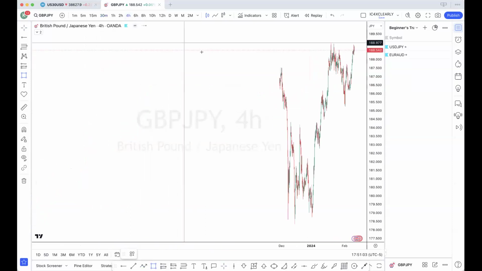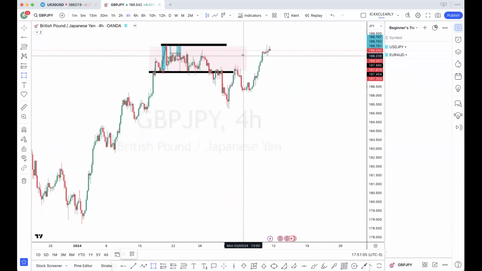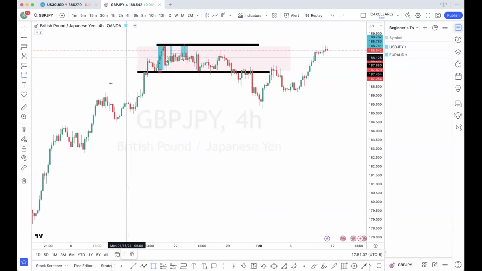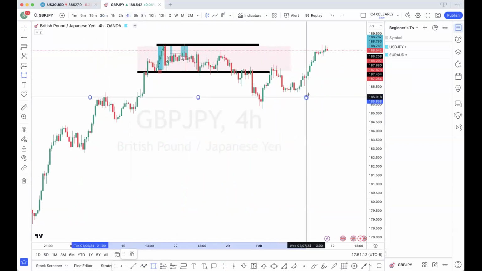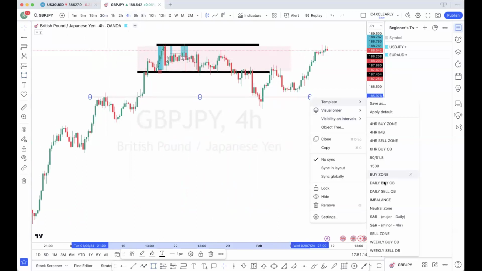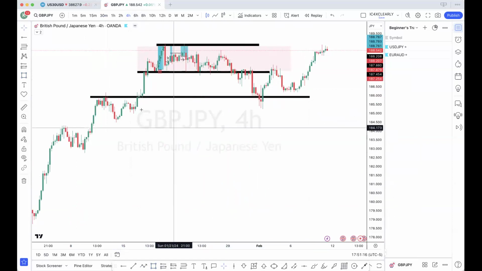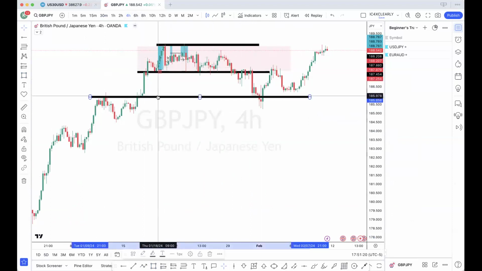Let me go to the 4 hour. This was my bigger swing. So I'm waiting for price to come back to this zone and react somehow, some way. There's imbalance in here.